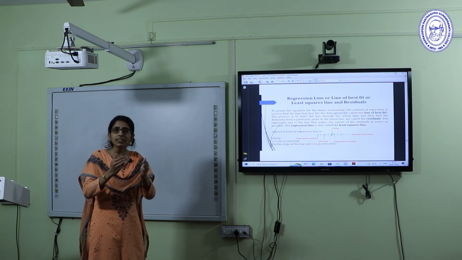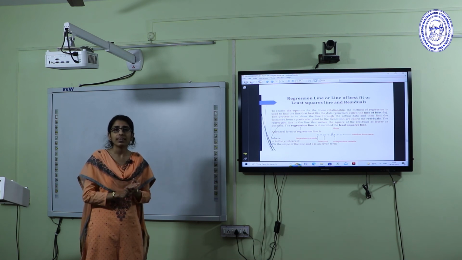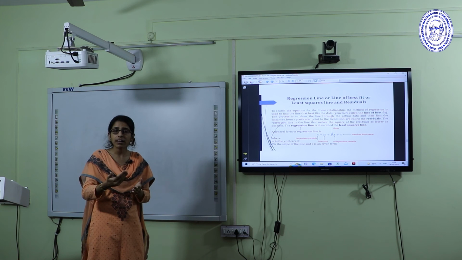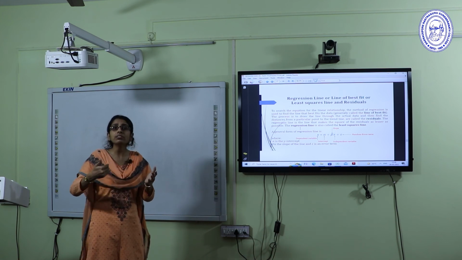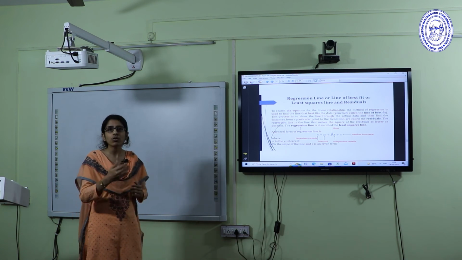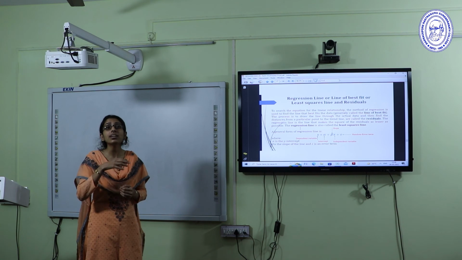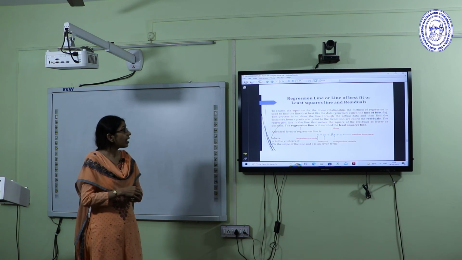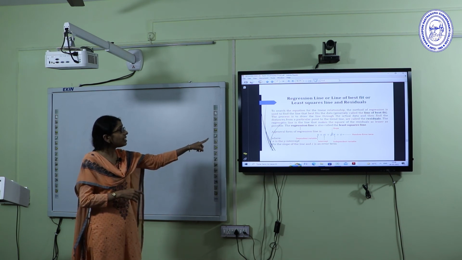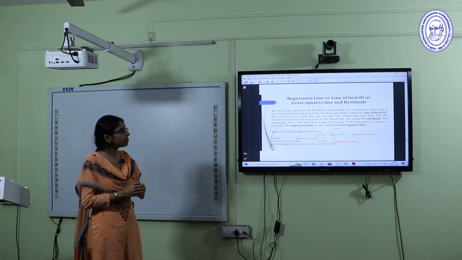When we determine the relationship between two variables, there are two parts: the explained part, which we can calculate mathematically, and the unexplained part. This alpha is the fixed cause, which is not determined mathematically by us. So, this alpha is the intercept or fixed cause.